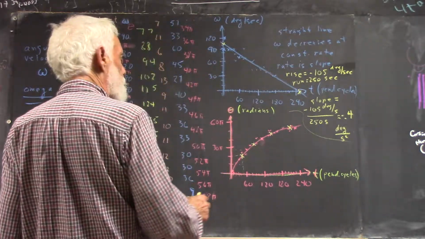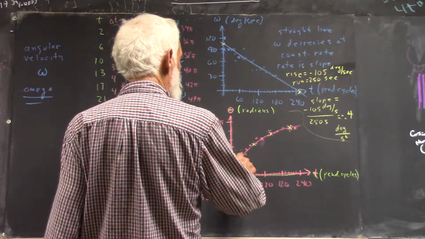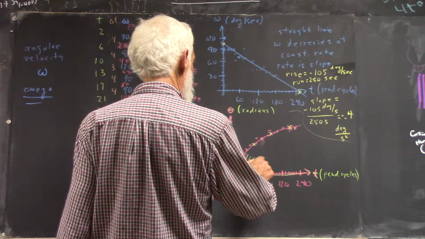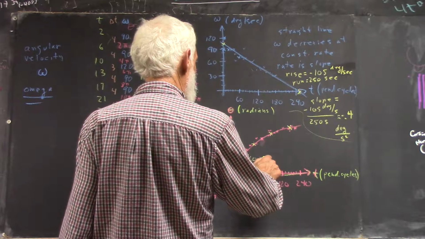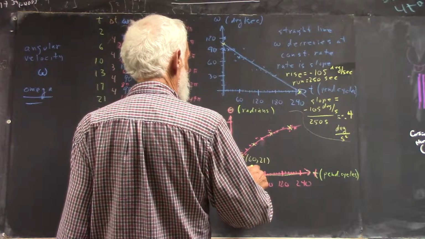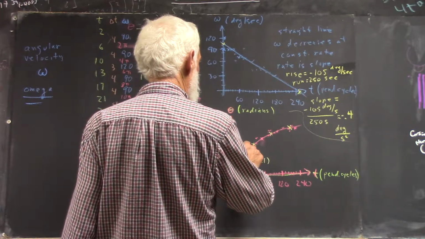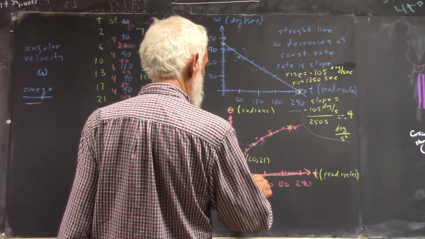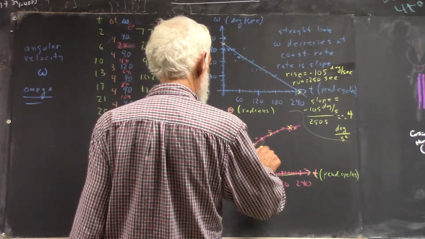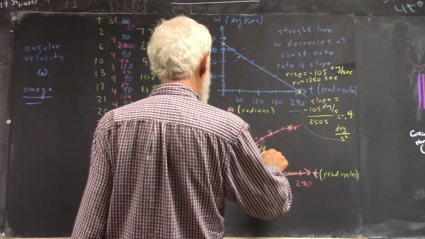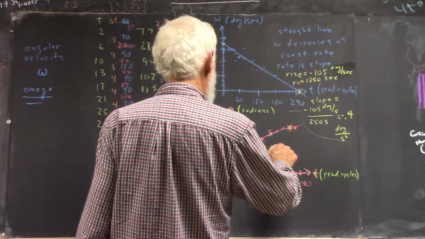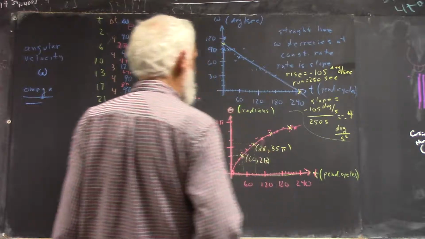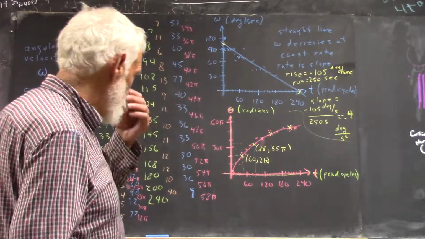Okay, so this point seems to be, I'm just going to write down the numbers, 60, 21 pi. And this one appears to be, what? 60, 70, 80, 88, 35 pi.